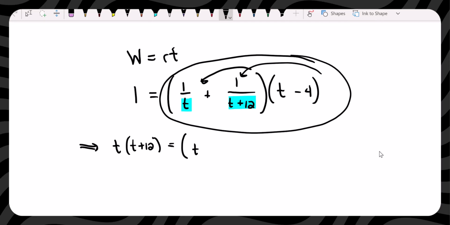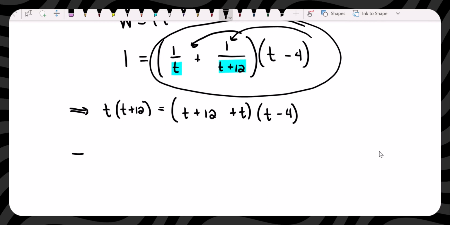So I'll get t plus 12 plus t times t minus 4. Cleaning up the left-hand side, I get t squared plus 12t. The right-hand side is 2t plus 12 times t minus 4.